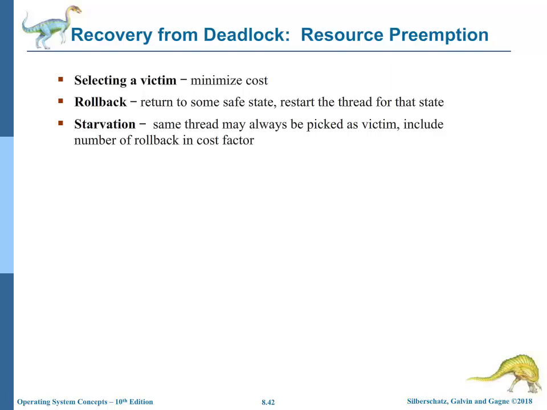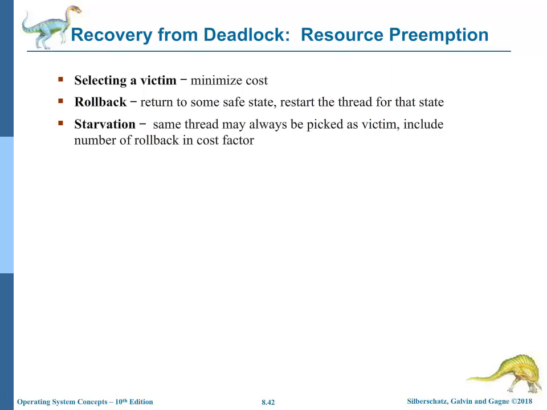We must determine which resources and which processes are to be preempted, and also the order to minimize the cost. Second issue is rollback. We must determine what should be done with the process from which resources are preempted. One simple idea is total rollback. That means abort the process and restart it.